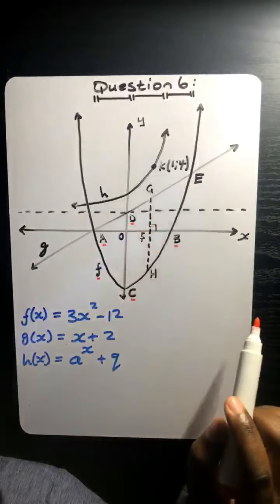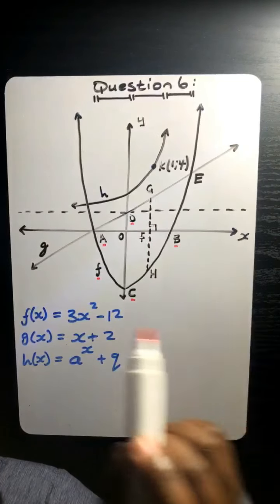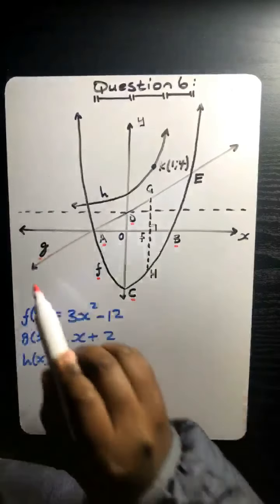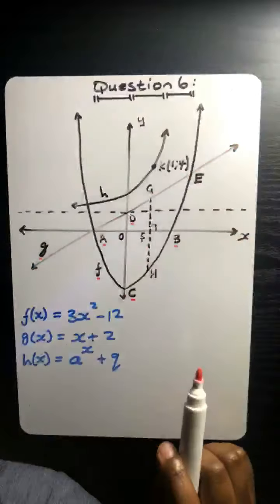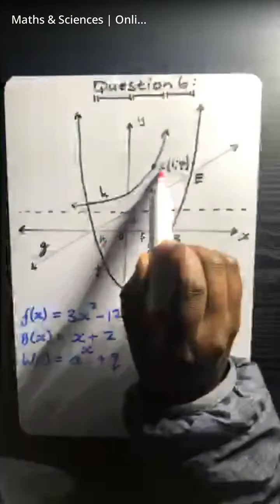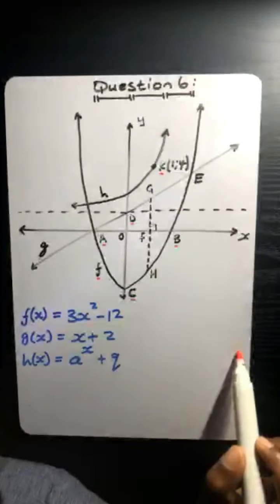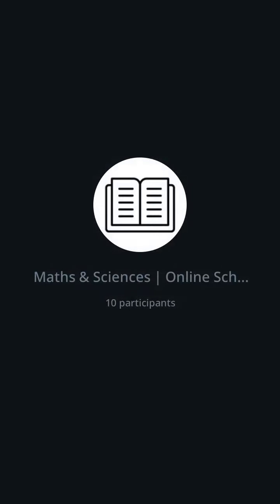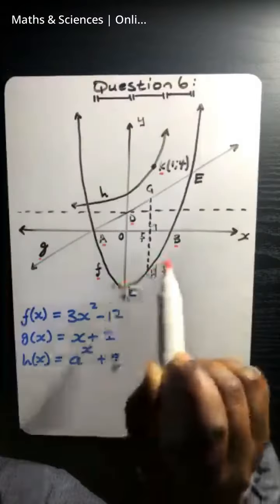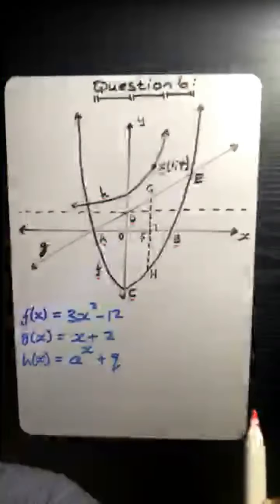D is the y-intercept of g. Where is g? That graph is g. K, where is K? Oh, there it is. K, having the coordinates (1, 4), is a point on the graph of h. Where is h? Oh, there. Can you guys see where h is?